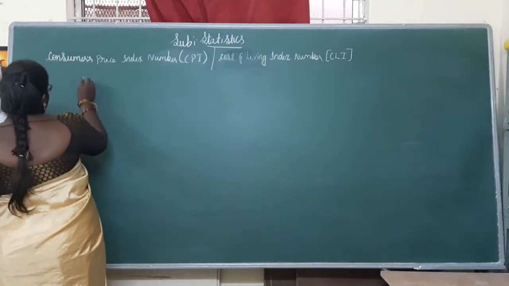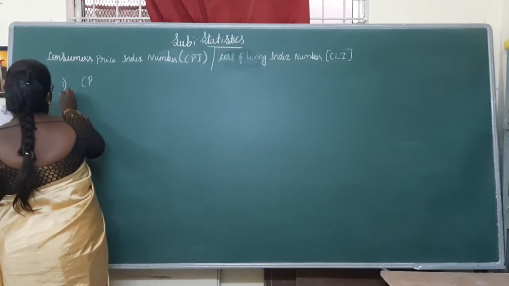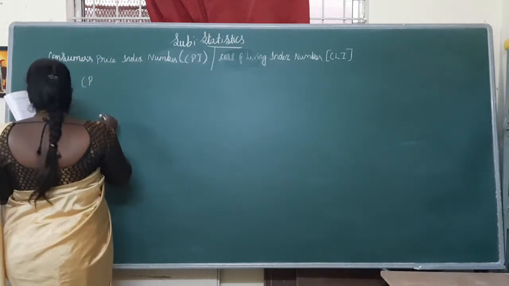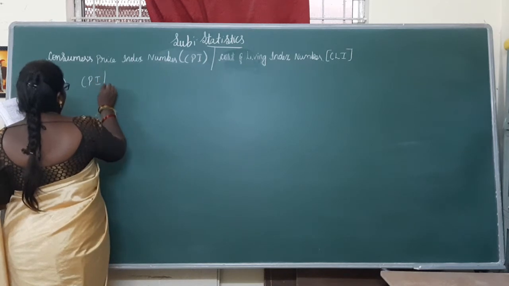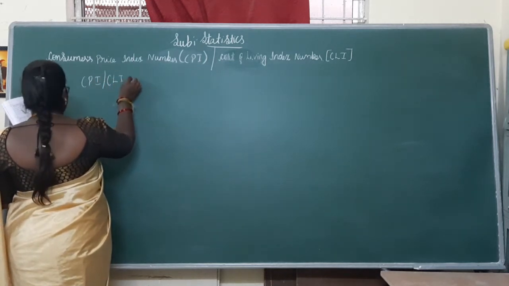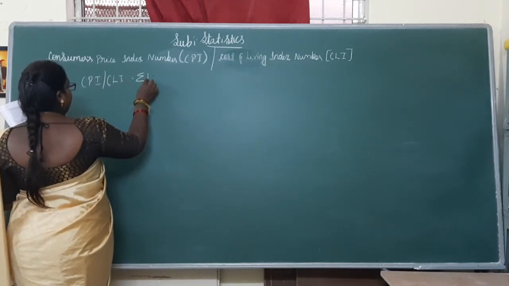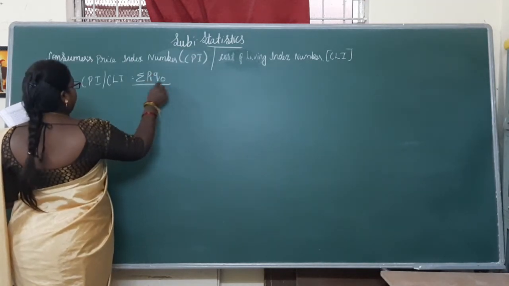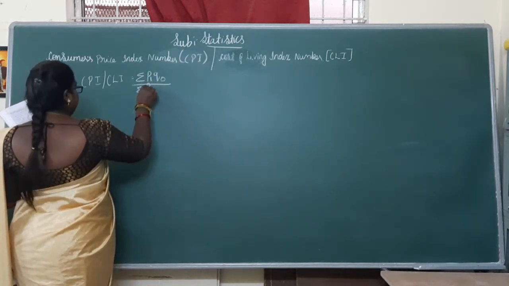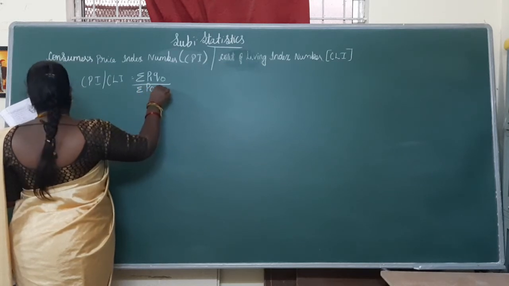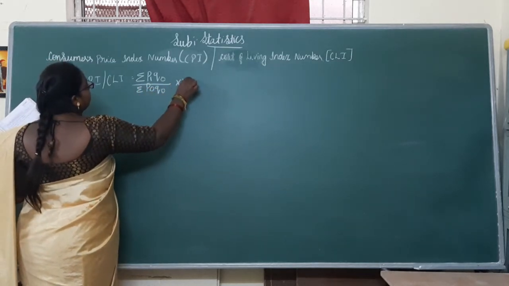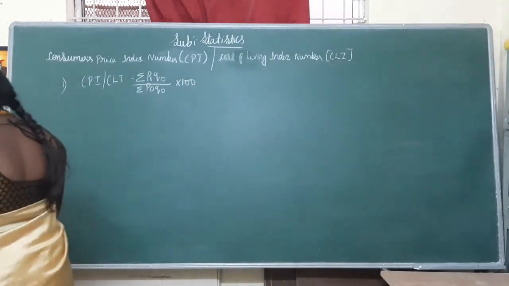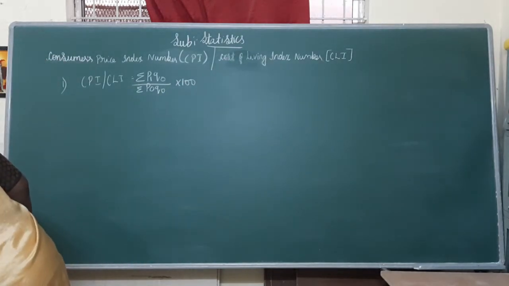So CPI, your first problem. CPI or CLI is equal to sigma P1 Q0 divided by sigma P0 Q0 into 100. So this is the formula for your consumer price index.